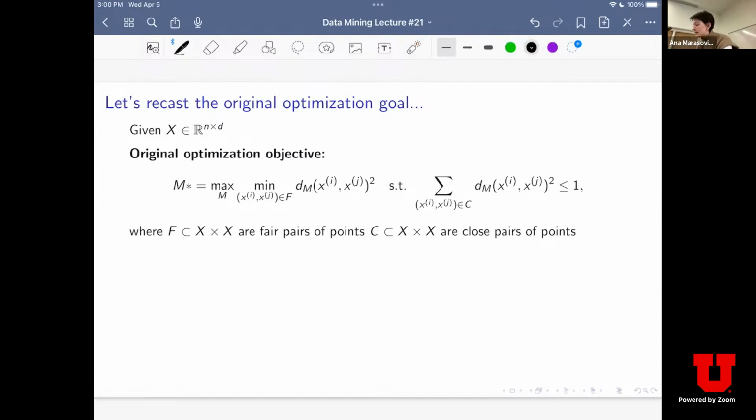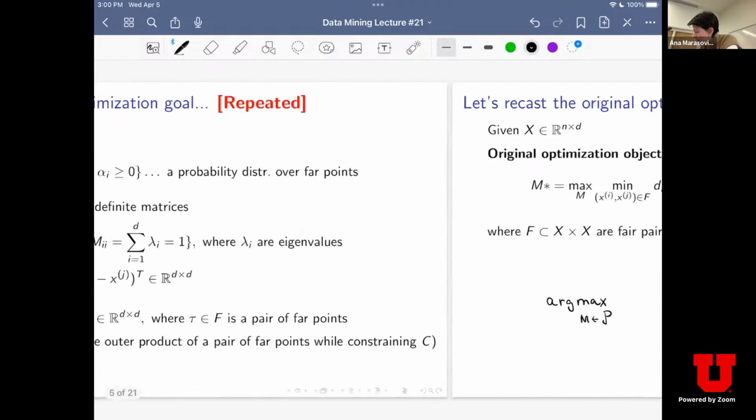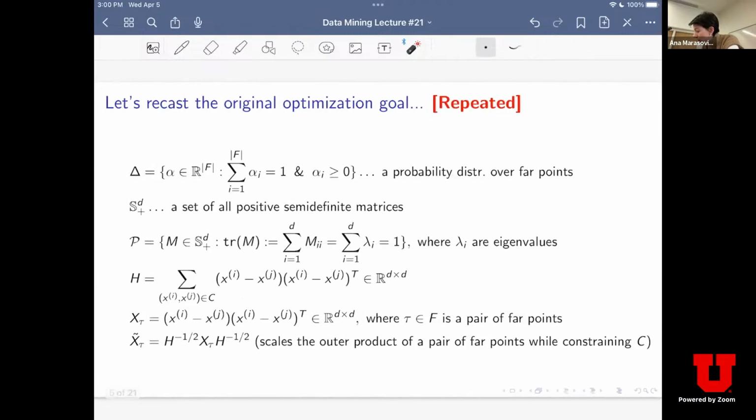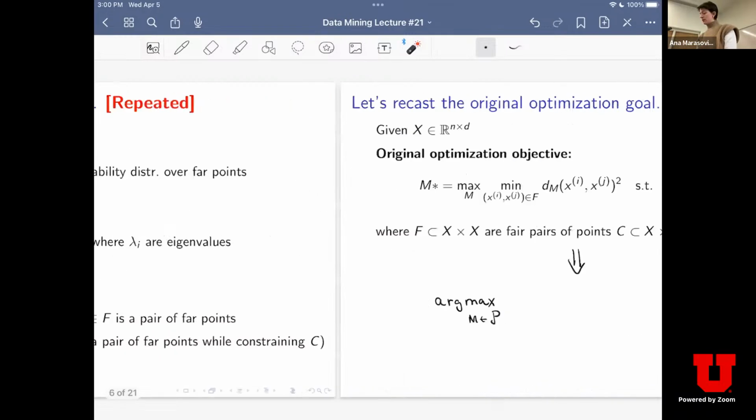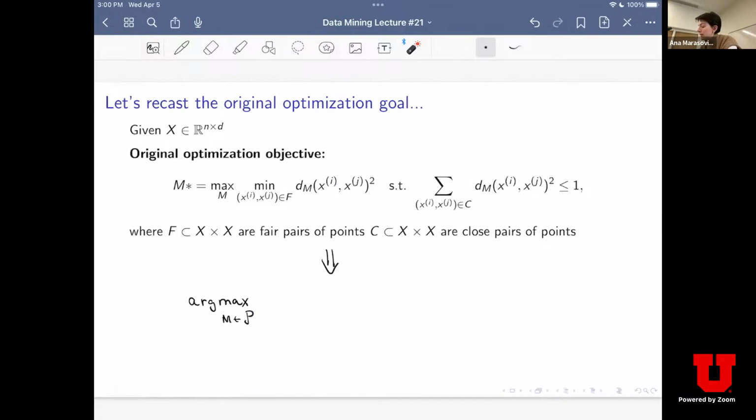All of this now, given our newly introduced symbols, is going to boil down to this. We are going to find the argmax over M in our fancy set P. Fancy set P was the one of all positive semi-definite D times D matrices that have trace of 1. So we are going over all of those.